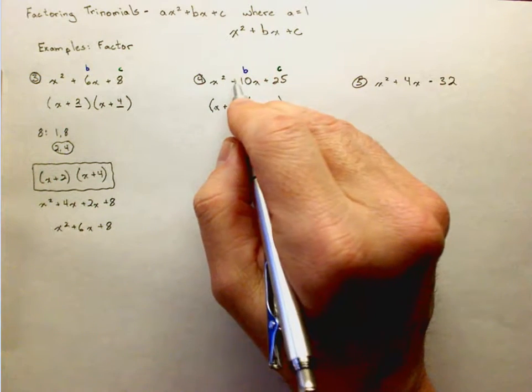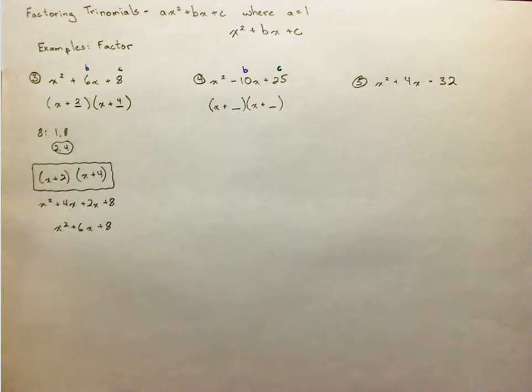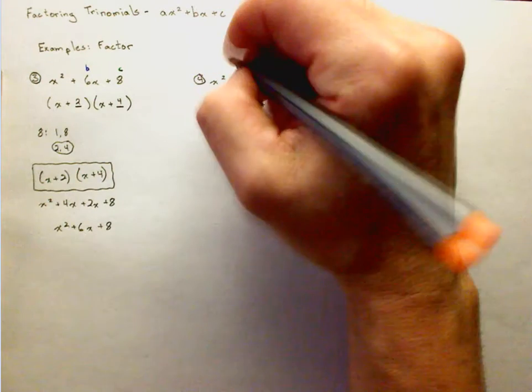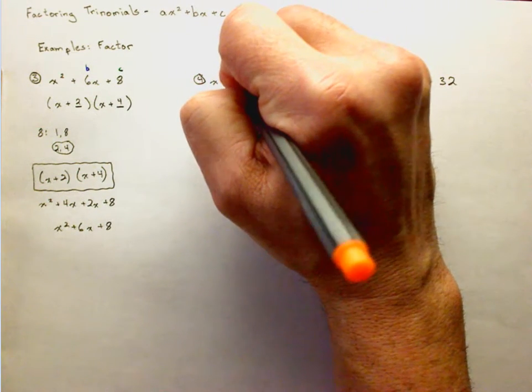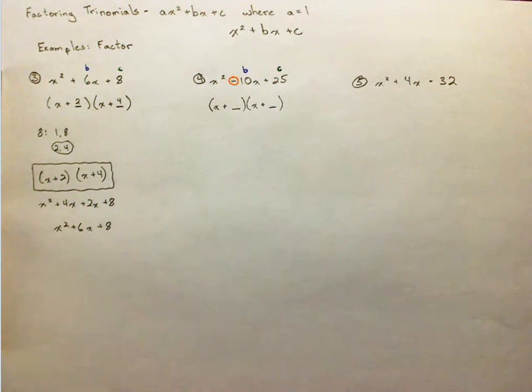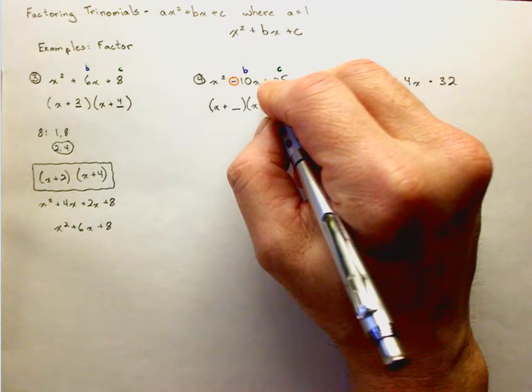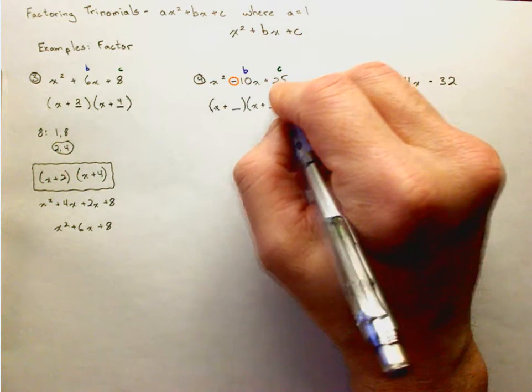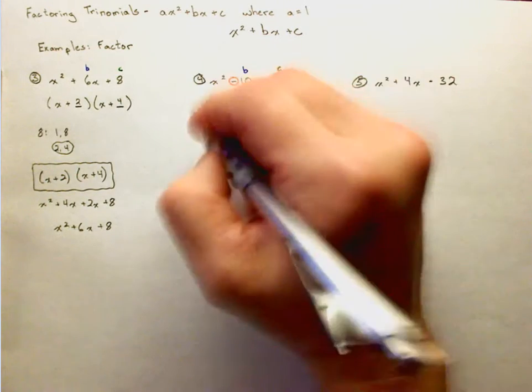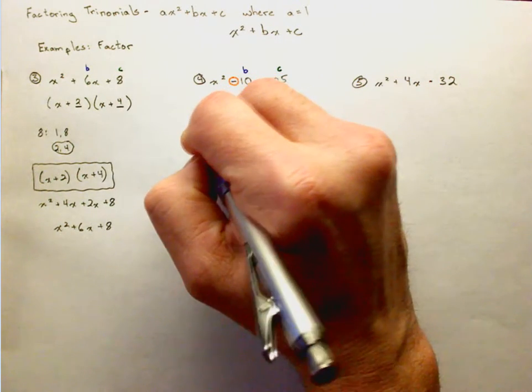But notice, right there I have that negative sign with b. I need them to add up to be a negative number. But it has to end up being positive for my factors, so I need my factors to both be negative.